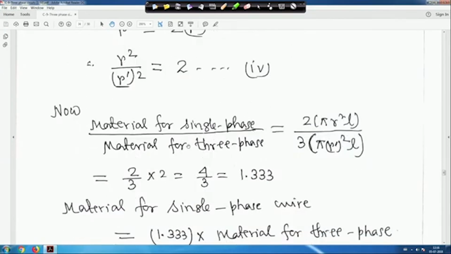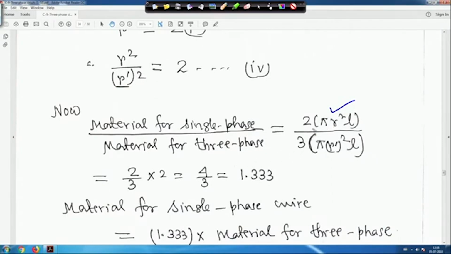Now consider the material for single phase by the material for 3 phase, this is volume. A conductor, that is a long wire, is represented by a cylinder. So if length is L and in the single phase case r is the radius, the volume is pi r square L, taking it as a cylinder because the cross section is circular. Divided by the material for the 3 phase case.